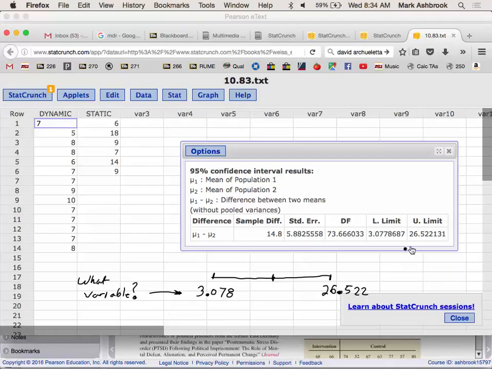Did you get 14.8? So what do these numbers mean? It's 3.078 what? 14.8 what? 26.522 what? Anybody know?